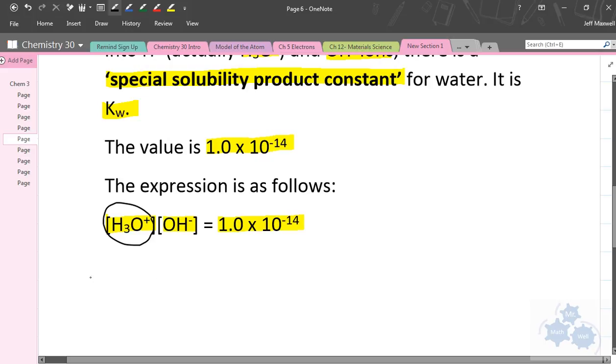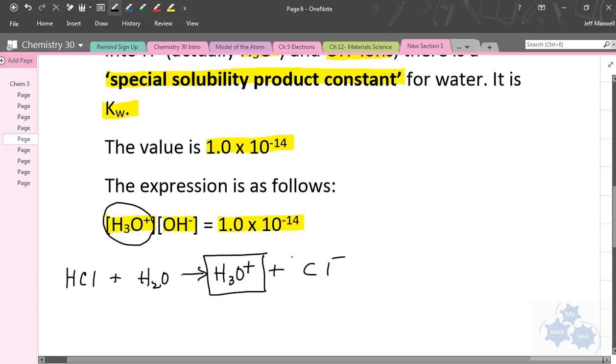If an acid is introduced, so let's say HCl, an acid is introduced to water. What are the products here when acid is introduced into water? Yeah, so it looks like this: H3O+. Now, if an acid is introduced, there are lots of these that are produced.